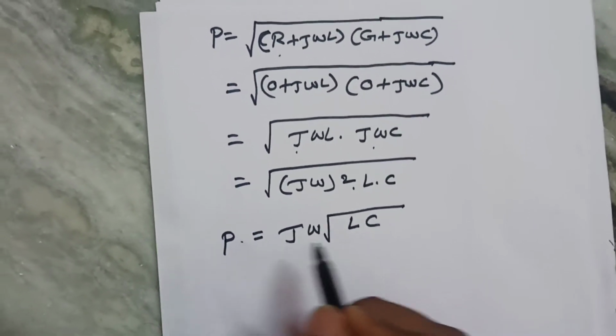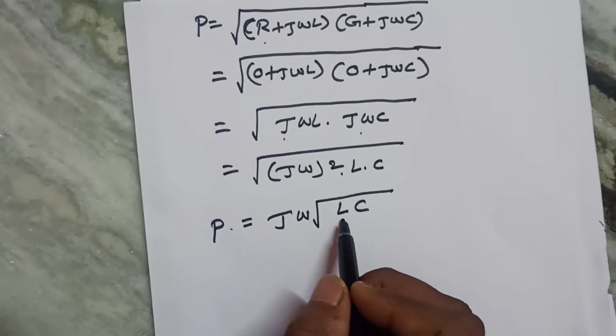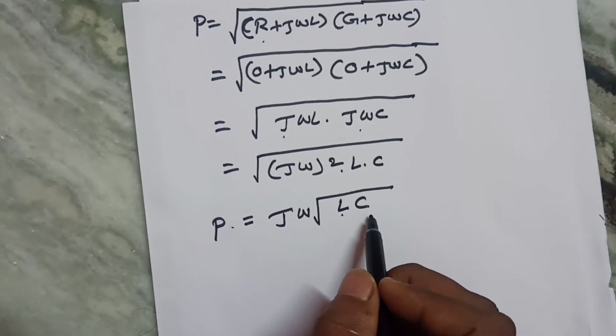This is the propagation constant. In this equation, we have to substitute the L value and C value.